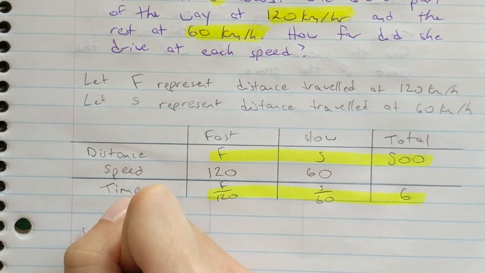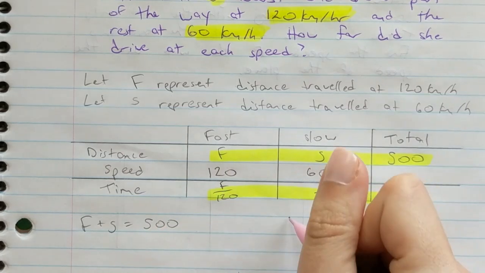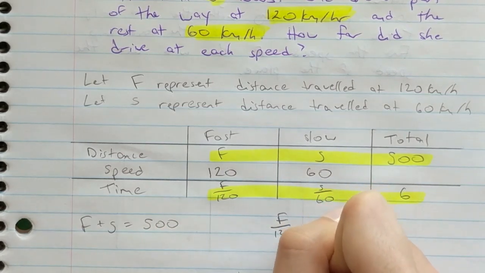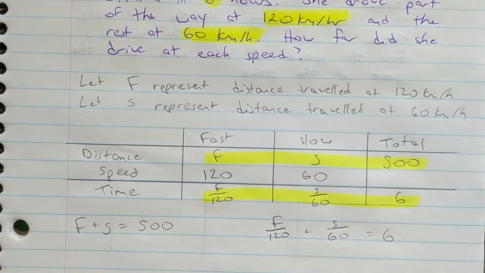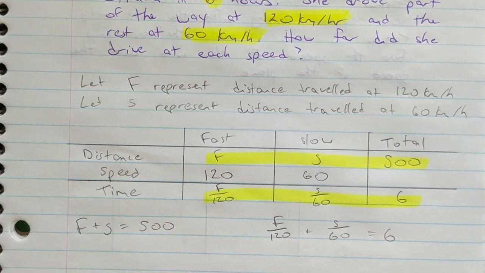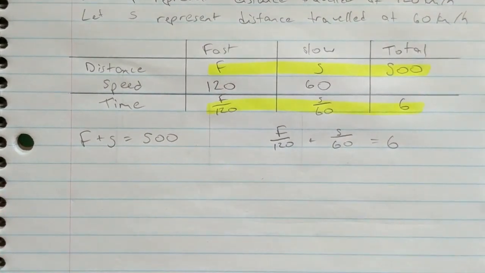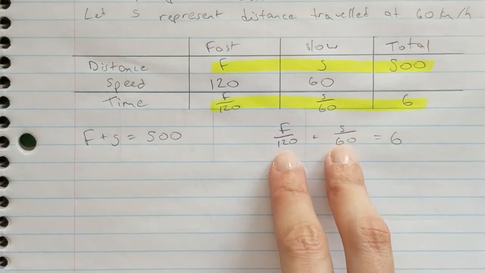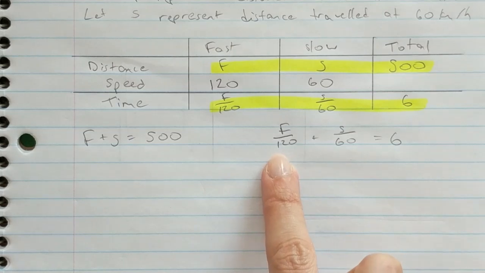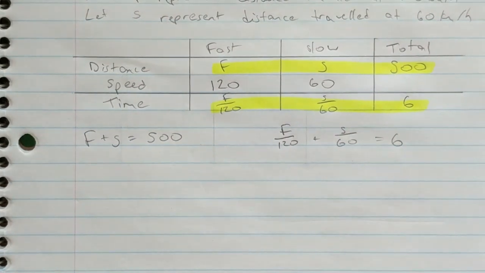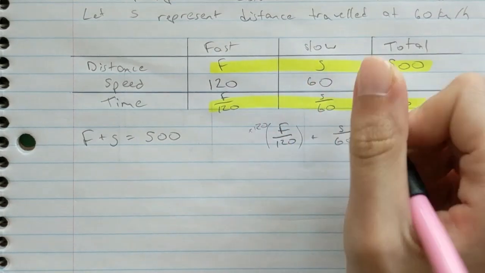Equation number 1: F plus S is 500. F over 120 plus S over 60 is equal to 6. Once again, with my second equation, I'm going to try to clear the fractions, and I can see I have a pretty nice common denominator here. If I multiply everything by 120, that's going to clear my fractions, so I'm going to do that. Times it by 120.